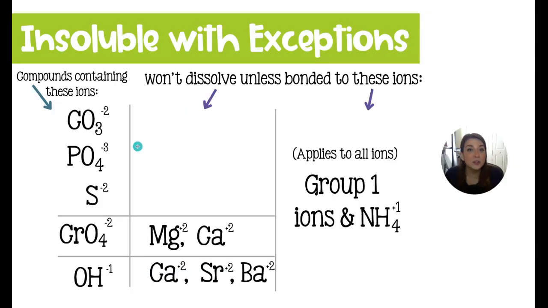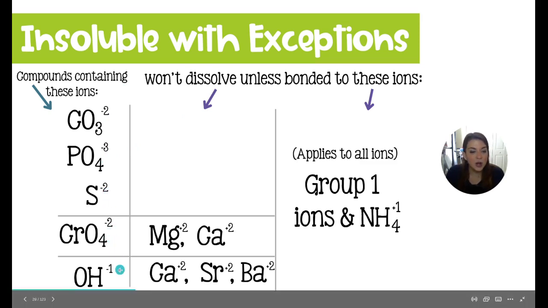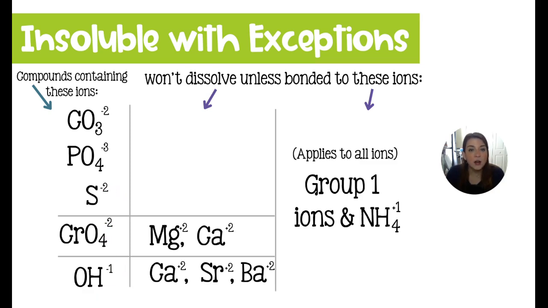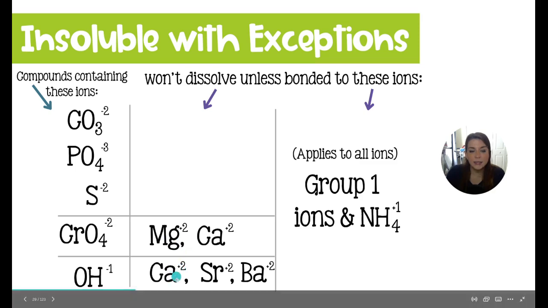Now, these ions don't like to dissolve, but they will if they're bonded to particular things. Compounds containing carbonate, phosphate, sulfide, chromate, and hydroxide usually don't like to dissolve, but they will dissolve if they are bonded to group 1 ions or ammonium ions, or if they are bonded to magnesium and calcium in the case of chromate, and calcium, strontium, and barium in the case of hydroxide.